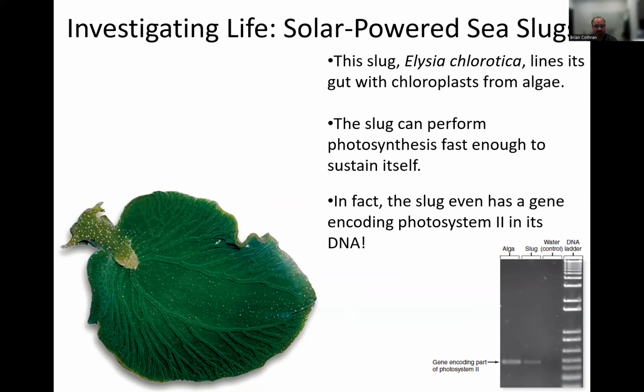It works great for the sea slug because they can use photosynthesis for energy. Now, slugs are notorious for moving slow. Probably not going to work real well for you if you wanted to run off of photosynthesis. But there may be a situation in which you might be looking into that.